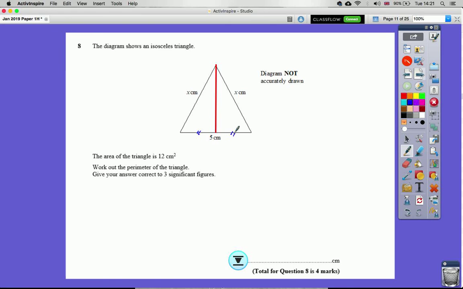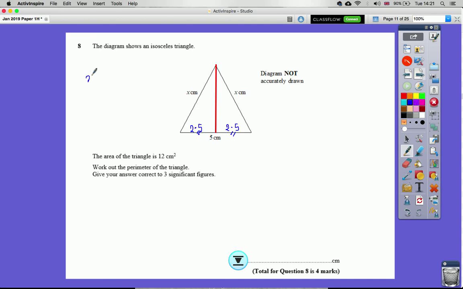So we need to find out the height of this triangle in terms of x. That part is 2.5 centimeters. That is also 2.5 centimeters. We don't know what the height is. So let's work out the height using Pythagoras theorem.